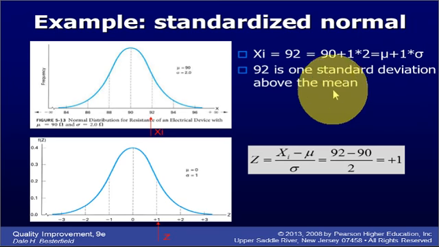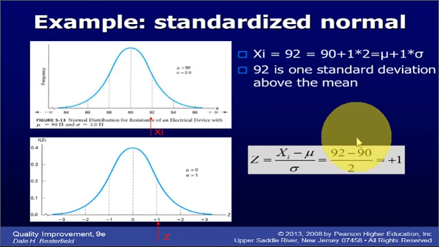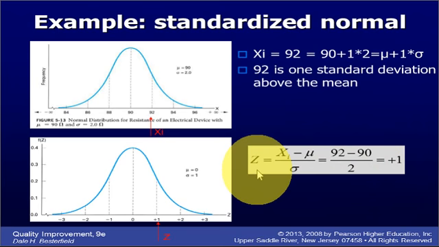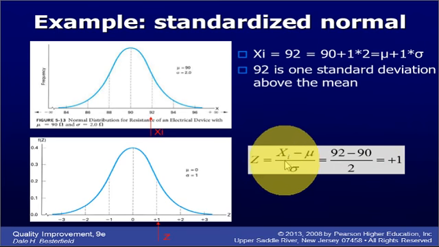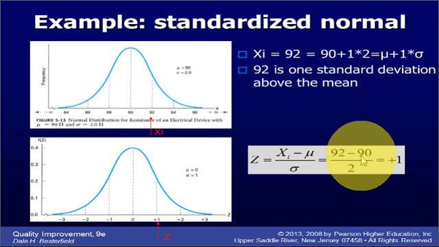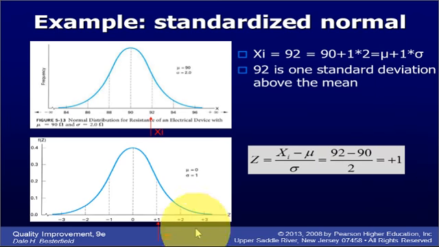So this is saying that 92 is 1 standard deviation above the mean. Using this transformation, the standardized normal value corresponding to x_i is x_i minus mu divided by sigma, 92 minus 90 divided by 2, which is plus 1. If you interpret this z in the standard normal curve, it is also 1 standard deviation above the mean.